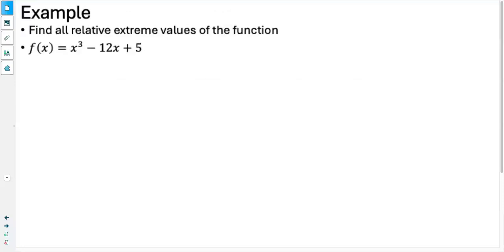So we'll do an example. Find all relative extreme values of our function. So we have f of x is equal to x cubed minus 12x plus 5.